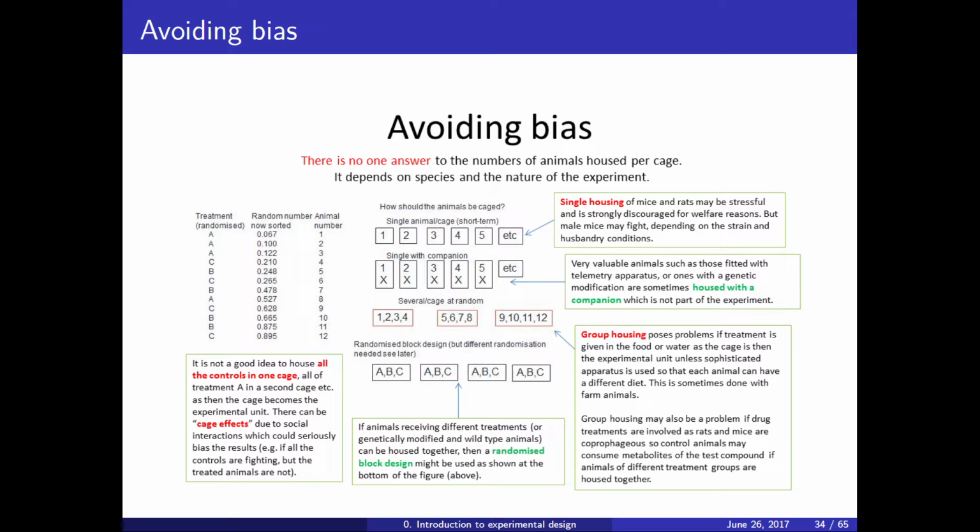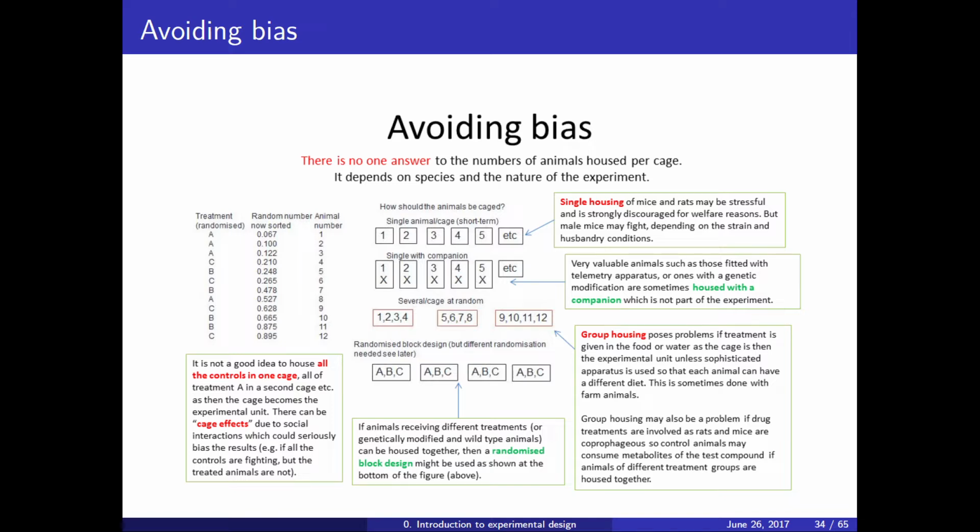And they have to be grouped, and also sometimes group housing. For instance, you put control and treatment into the same cage, but these animals are coprophagous, so they may interfere with each other. So you apply the drug to one animal, but then you see traces of that drug in the other animal.